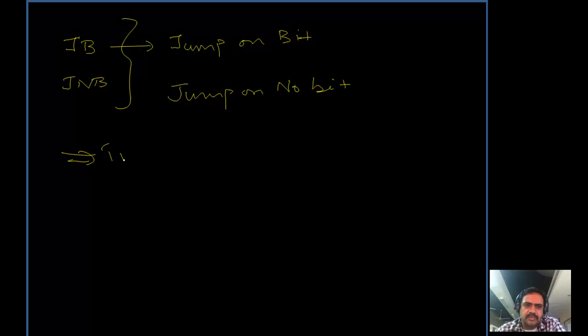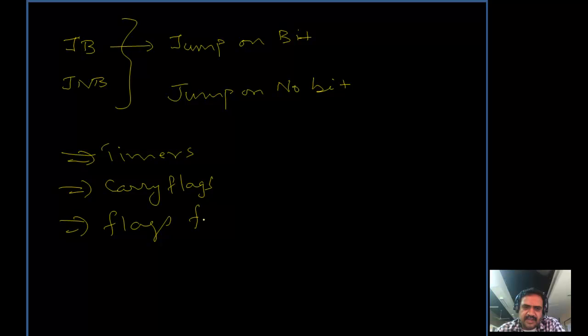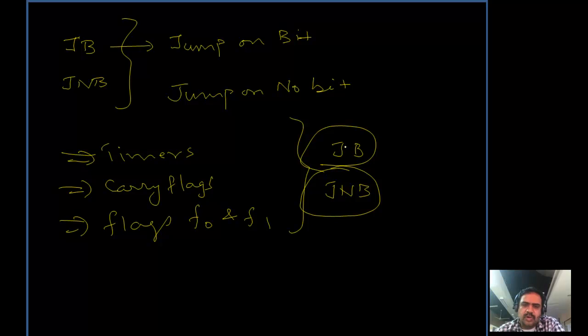Especially when it comes to timers, or let's say carry flags, or just flags F0 and F1. This command JNB can be used either as a positive logic or a negative logic. So what you can do is you can simply say JB loop 1.